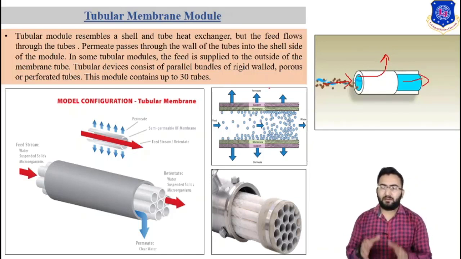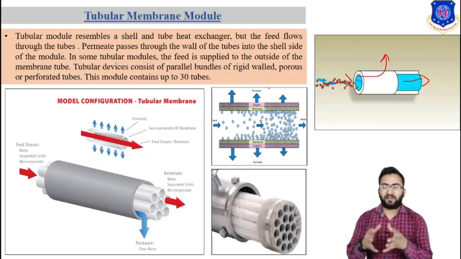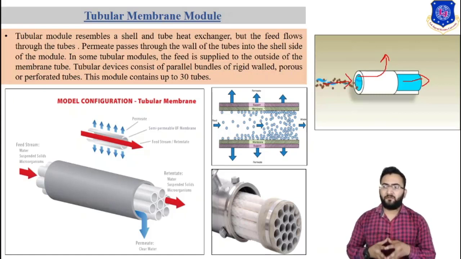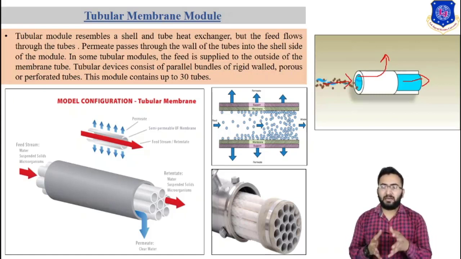So this is the mechanism of the tubular module. Now let us discuss various advantages of the tubular membrane module. A tubular membrane module can be operated with simple pre-treatment of feed. It can be mechanically cleaned by forcing a sponge ball through the tube.